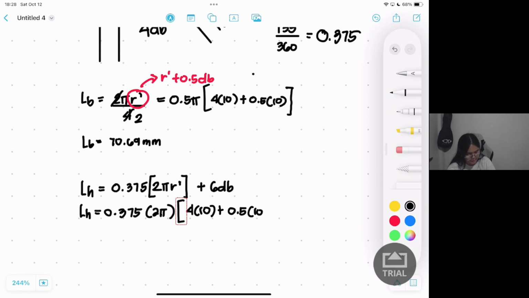So, 10 plus 6 times 10 na extension. So, kapag kinompute nyo yan, teka guys nagkakalcu din ako kaya matagal. Kalcu nyo yan, makukuha nyo ay 166.03 mm.